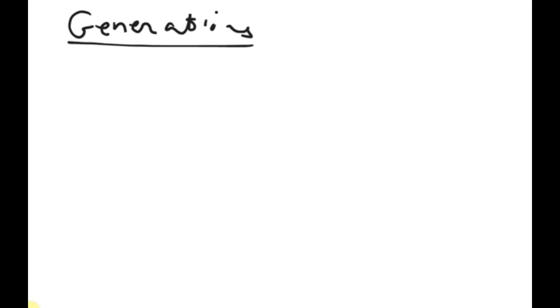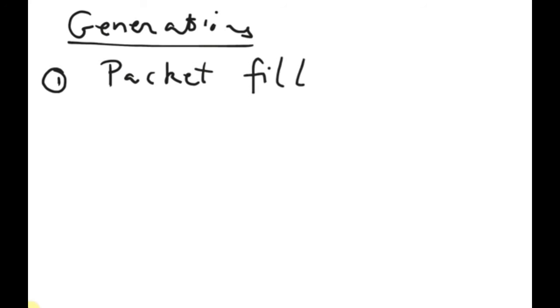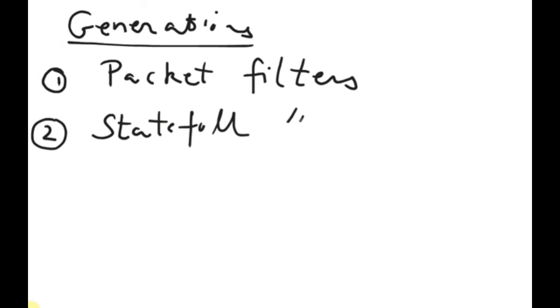The firewalls came into existence in the 1980s, and the first generation of the firewalls was called packet filters. And then in the 90s we got stateful filters or stateful firewalls, and then in the 2000s we got application layer firewalls.